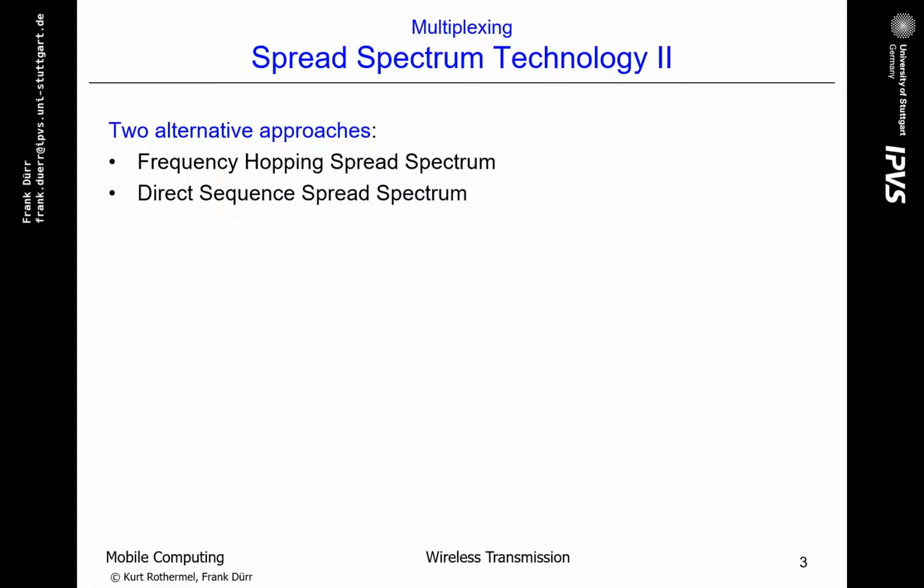Having said that, you should be aware that, for instance, newer versions of the Wi-Fi system also use other technologies, like the so-called orthogonal frequency division multiplexing, which obviously is a variant of frequency division multiplexing. So we split up our frequency band into subcarriers, so narrow subbands, and then we distribute our signal to the subcarriers. And the subcarriers have a special property.